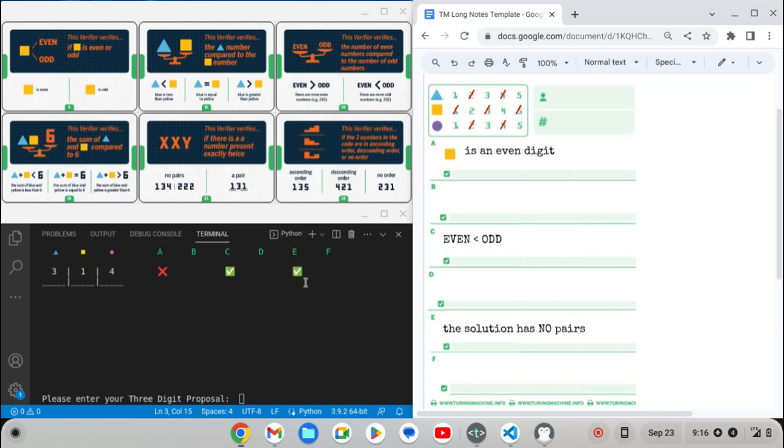We're now going into the phase where we'll be discussing how to construct a good second round proposal. Notice we did not test criteria card B, comparing our first 2 digits. Well, now we know it's an odd versus an even. And we also did not test criteria card D, looking at our first 2 digits and adding them together and comparing it to 6.